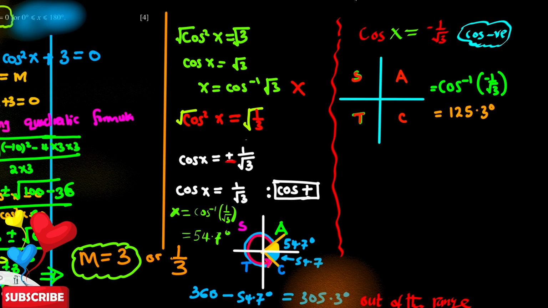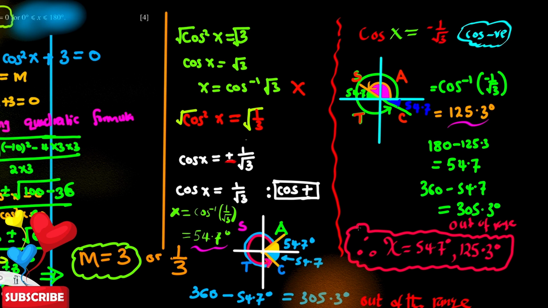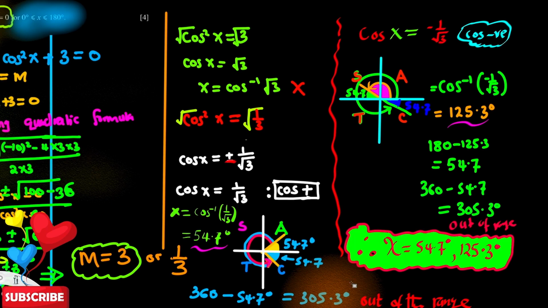So this is going to be in this particular second quadrant, and you can see now that is the angle that we were talking about. And if you look at it, it's within the range. So this is beautiful. We are going to be happy with that. And this is one of the solutions. We have two solutions. The answers for this particular question are 54.7 degrees and 125.3 degrees. Those are now the solutions for this particular problem.